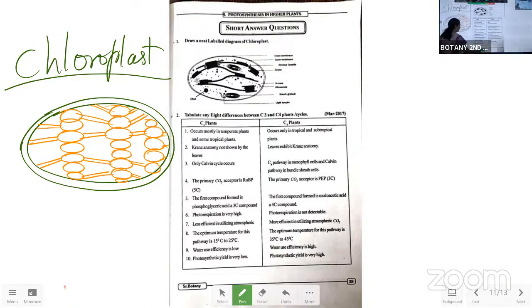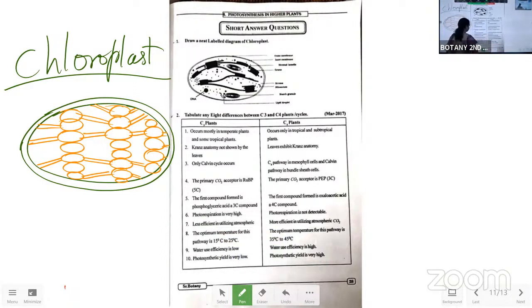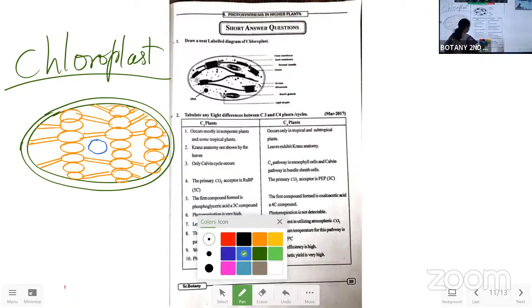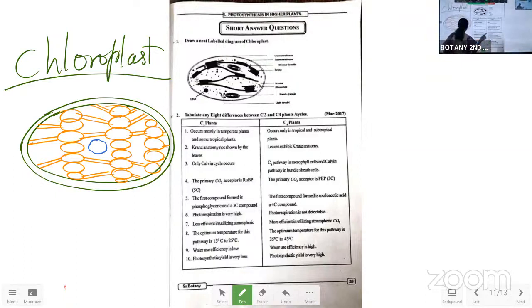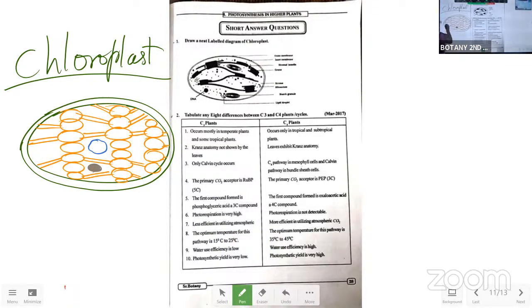And now, circular DNA will be present. Then it has a starch granule in it. Next, it has the stroma.